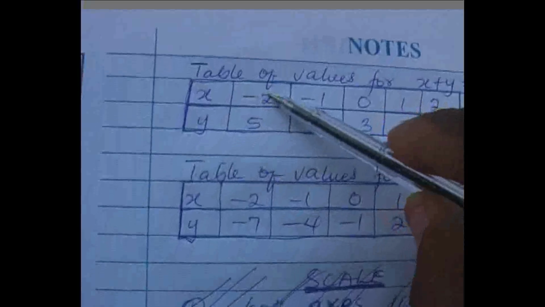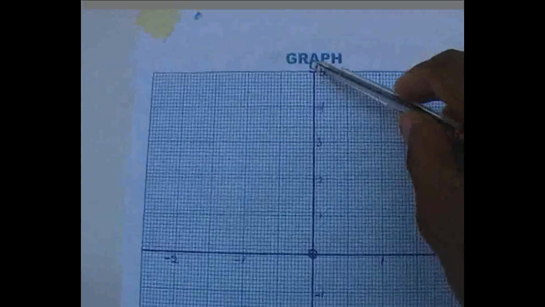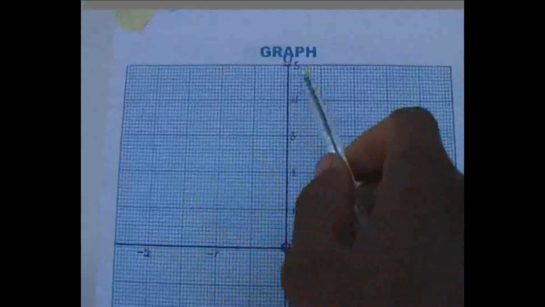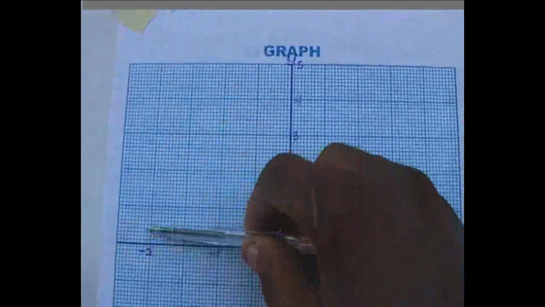-2 value of x, remember this is the x-axis. So this is -2 as value of x, then the corresponding value of y is 5. So between this 5 and this 2, the line of 5 is this way and the line of 2 is here.